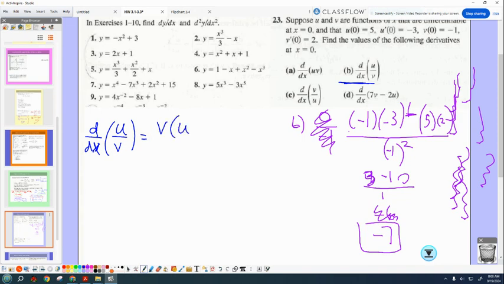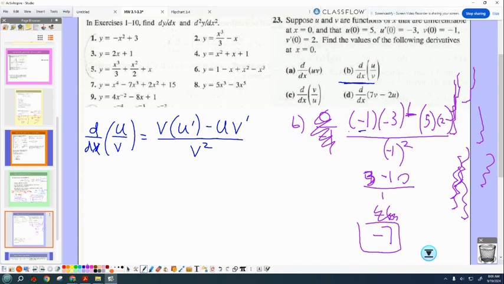Bottom times the derivative of the top minus the top times the derivative of the bottom over the bottom squared, so that if you mixed up any of the numbers, which I usually do, I can see partial credit to stuff, like, oh, you just misread, rather than, I can't tell if you know what's going on or not. So let's make sure we've got these right.